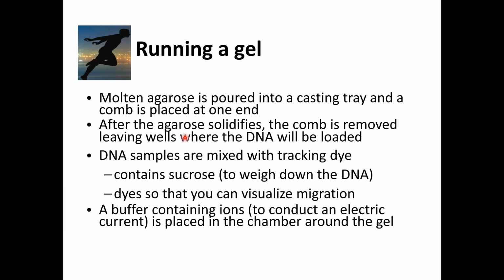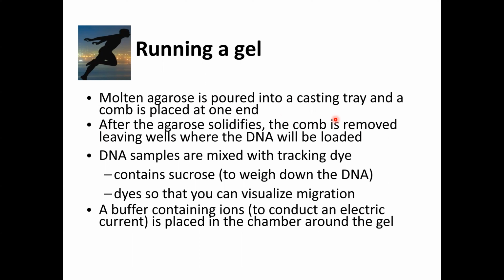So molten agarose is poured into the casting tray and the comb is placed at one end. This is just insight for you, because I believe in your laboratory your professor is going to demonstrate how to perform it.